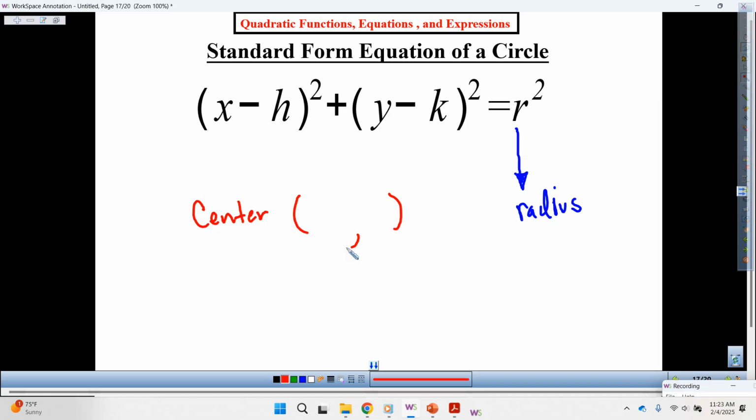Whenever we end up with an equation like this, and you have an x and a y, and inside of the x and inside of the y you have an h and a k, guess what? That is what makes the center. The center is made up of h and k.